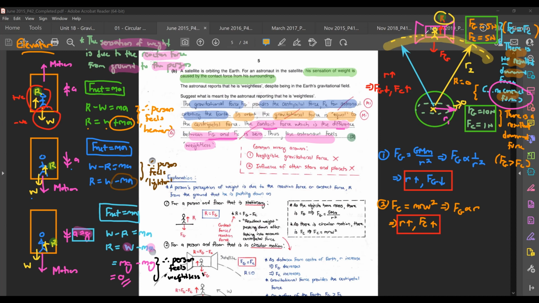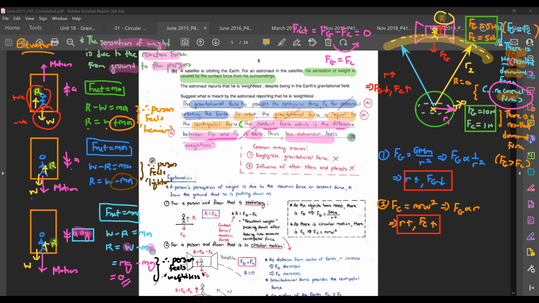Because you see, I want to find out the resultant downward force. The resultant downward force, F net, should by right be Fg minus Fc, which in my case, I already know is 0 because Fg is equals to Fc. They are equal magnitude, so if you minus them off, you're going to get 0.